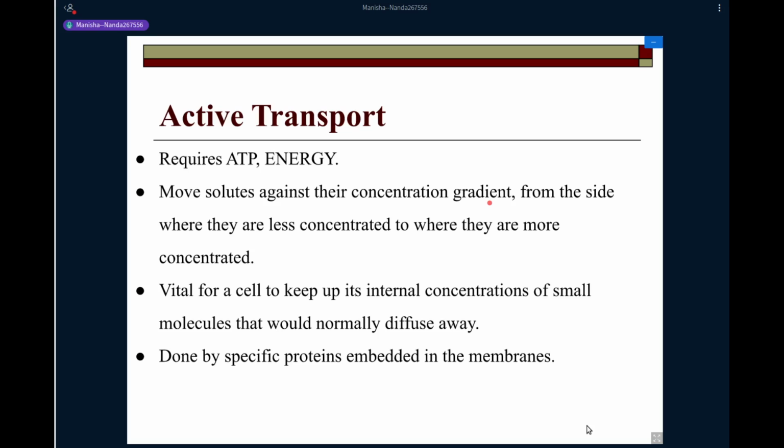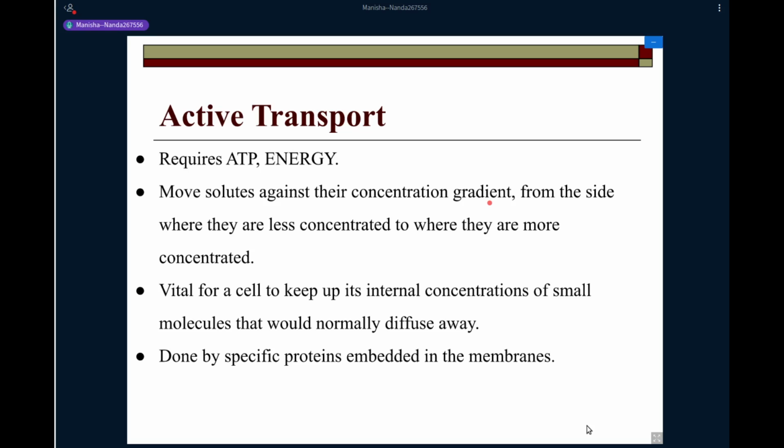And the second thing is that it moves solutes against their concentration gradient, in comparison to passive transport, which allows the movement of molecules down their concentration gradient, that is from a region of high to low concentration. But suppose the membrane has to transport a solute against the concentration gradient, that is from a side where the concentration is low to a side where the concentration is high. There the kinetic theory will not apply, right?